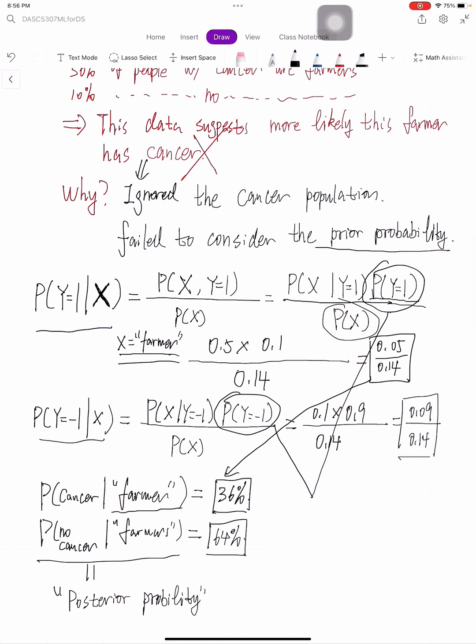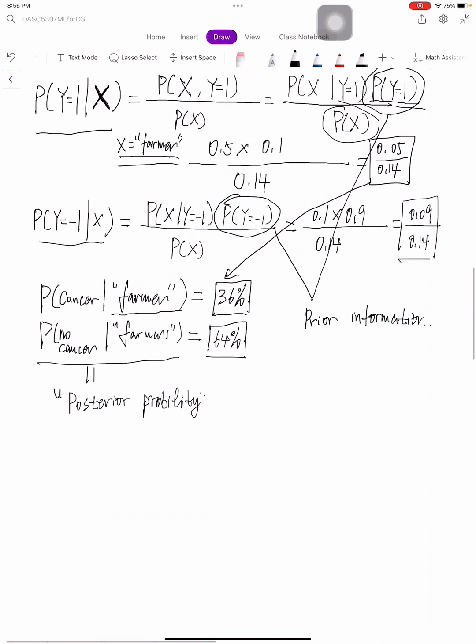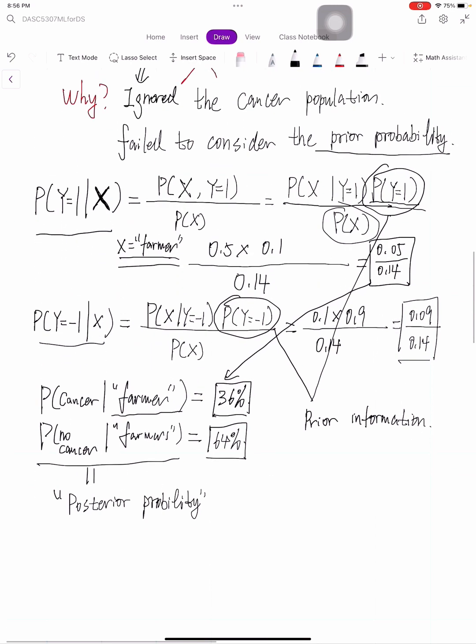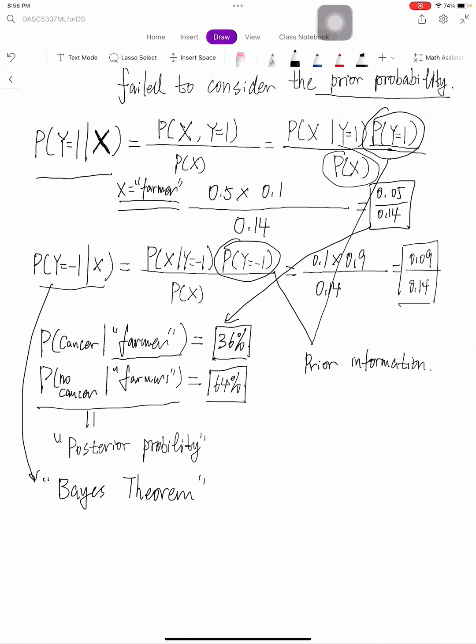Before the doctor sees the patient, he knows that among the whole population 10% of the people have this cancer. This is called the prior probability, the prior information. And this whole procedure is a big theorem called the Bayes theorem. The classifier based on the Bayes theorem is called the Bayes classifier.